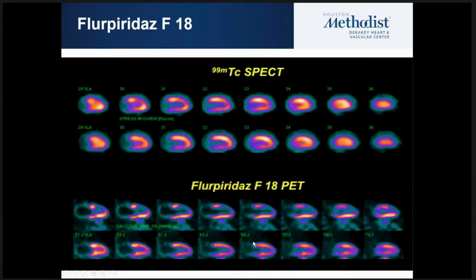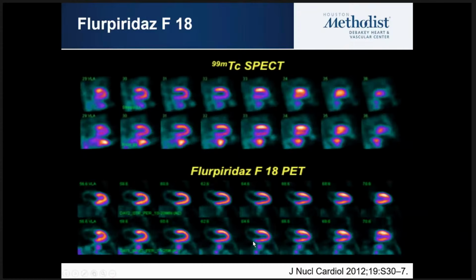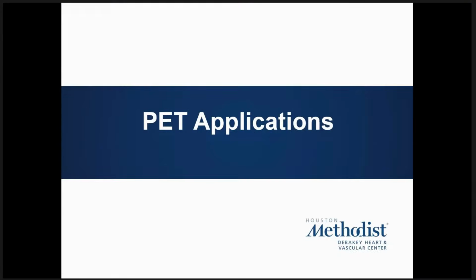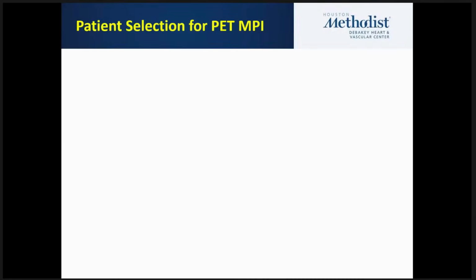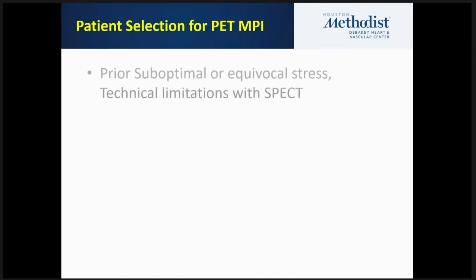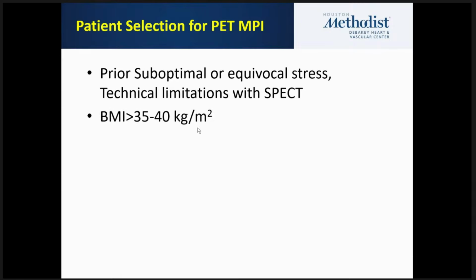So in short, what are the PET applications that we do? We talked already about PET perfusion. I've shown you some examples. So who are the patients that would potentially benefit from PET? If you have a patient who had a prior suboptimal or equivocal stress, or there are technical limitations with SPECT, then these are patients that you would like to send to PET.